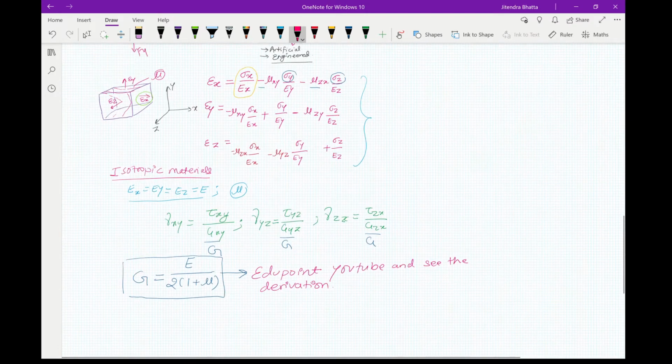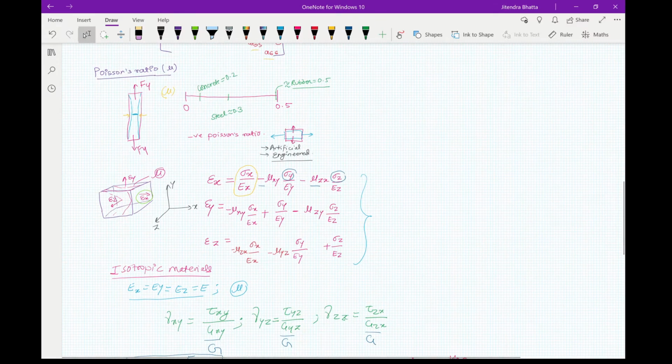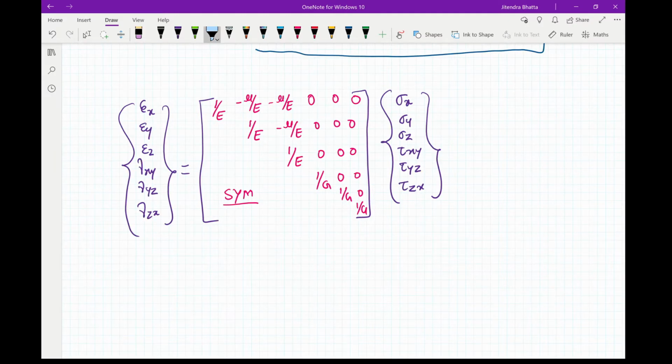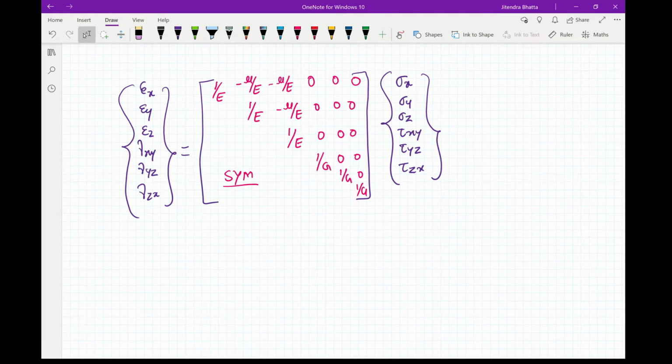It is generally easier to write these in matrix form. Now, to find a relation between the sigma vector and the D matrix times the E matrix, we have to move this matrix to this side, so you have to find the inverse of this matrix.